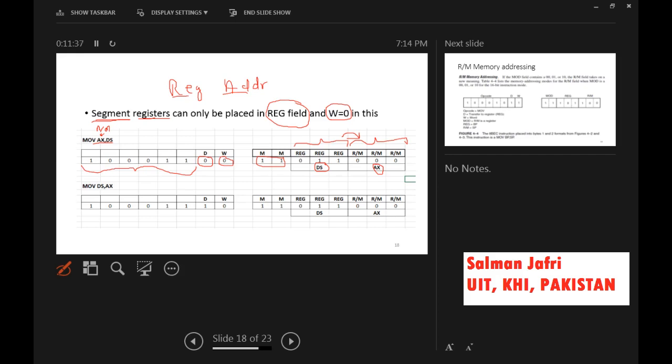Now one interesting point is that if we have the instruction move DS comma AX, that is if the direction of the operands is reversed and we have move DS comma AX, the second byte would remain the same as in the first case. These two bytes would remain the same. No change in these two bytes. What would change? Only the D bit would change now from 0 to 1.